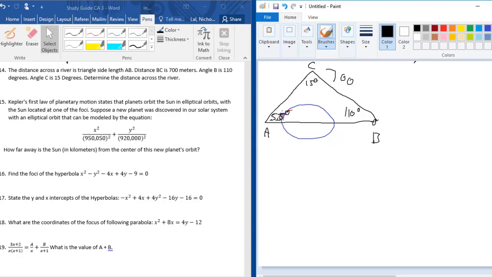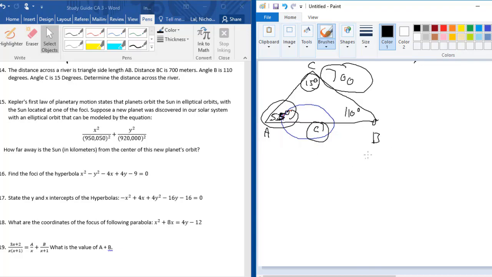So that's 55 degrees right there. It's a little bit hard to see, but that's 55. And now, if we're trying to find side length AB, which by the way is called side C, we can use the law of sines because we have an angle, the side that's paired with it, then the second angle, and then the side that's paired with it. That's what we need to find.